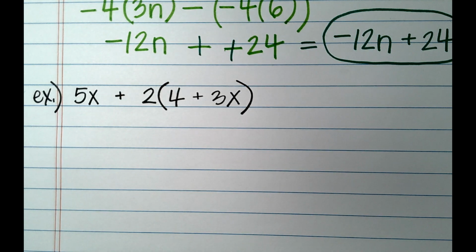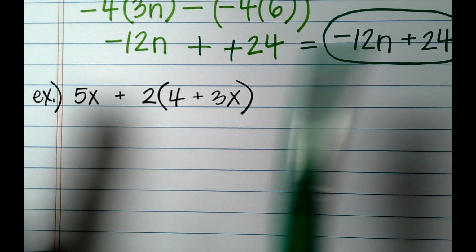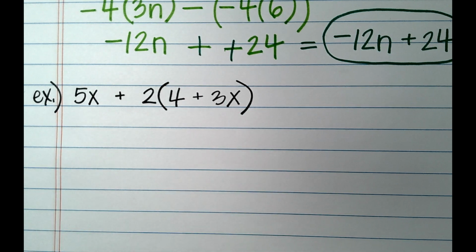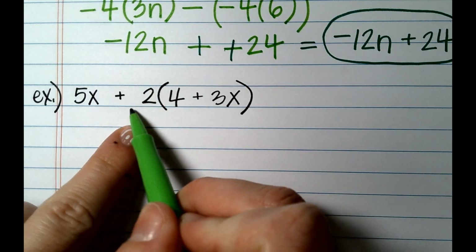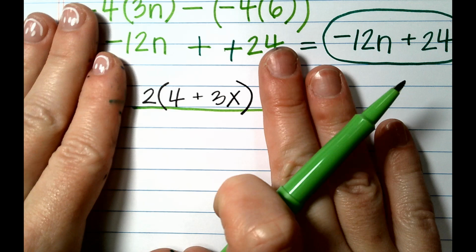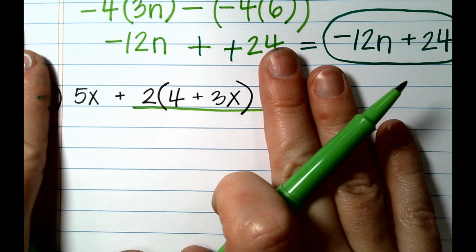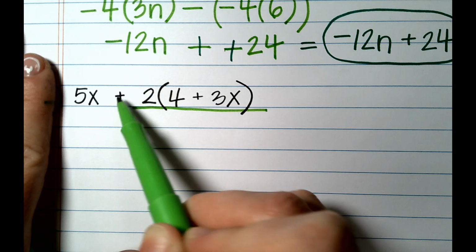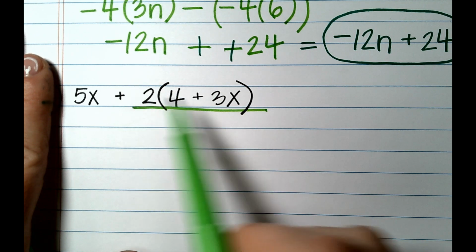And this is the first day I'm teaching this to you, so I expect you to make some mistakes. Whenever we are talking about distribution, it's only the numbers right next to what's in parentheses. This 5x, it's just addition. 5x plus whatever this is.